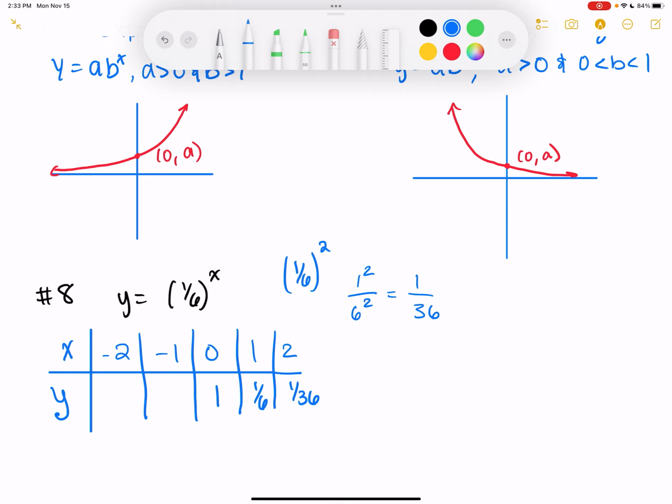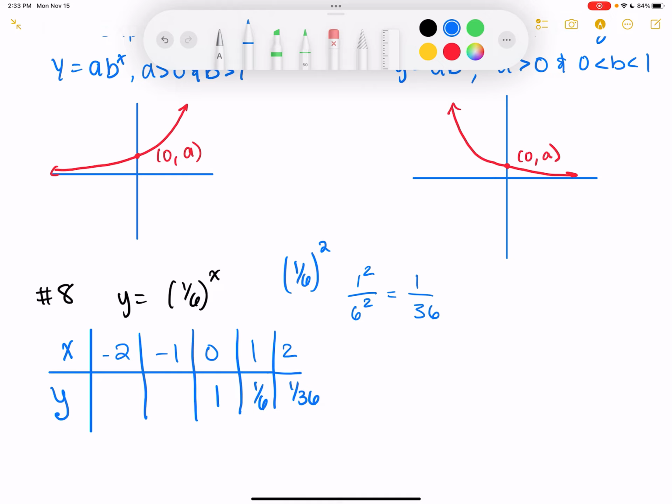Now with the -1, what happens? What does a negative exponent cause it to do? It's going to flip the fraction. The exponent is negative, nothing else is negative.